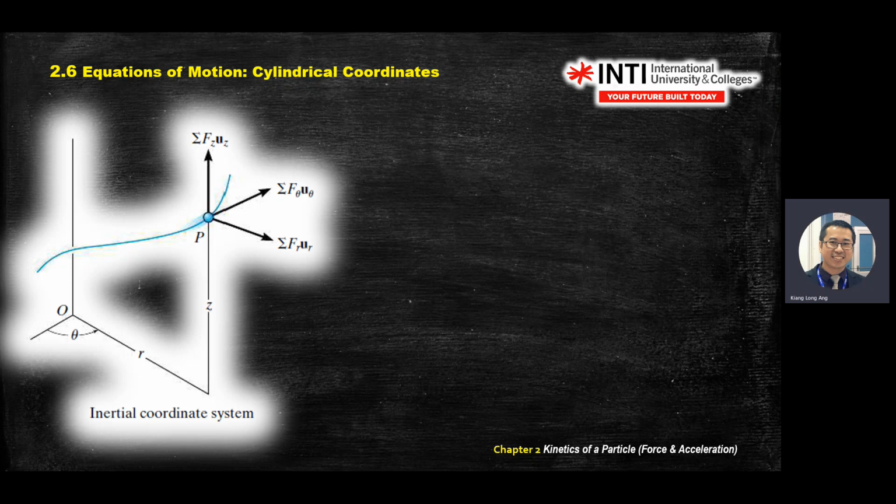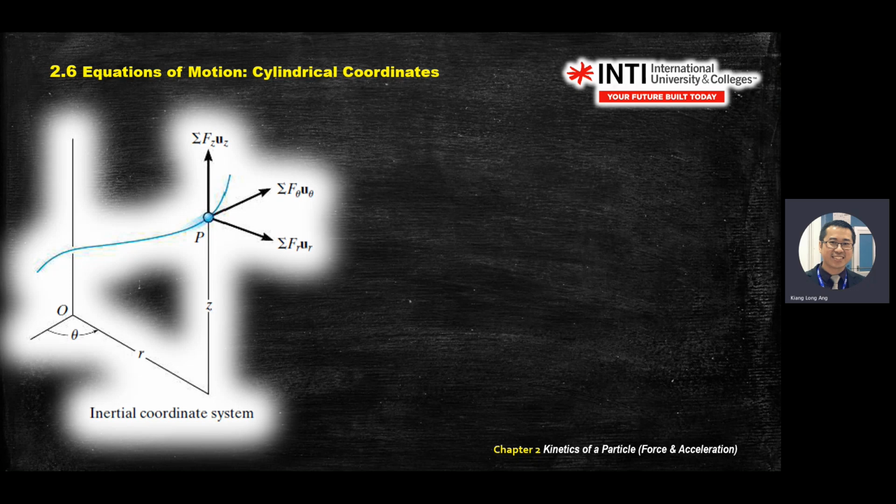So here you have a principal reference plane O, and then you have the R, you have a theta from one of the reference axes here, theta, and the Z. Then you go into that particle, you split into three axes. One is the radius axis.